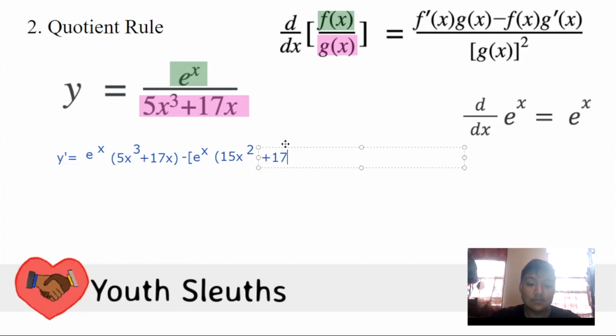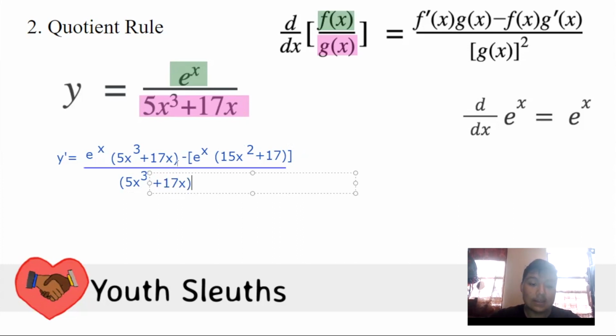And then we close our bracket. And in our denominator, we simply have 5x cubed plus 17x. And then that all together is being squared.